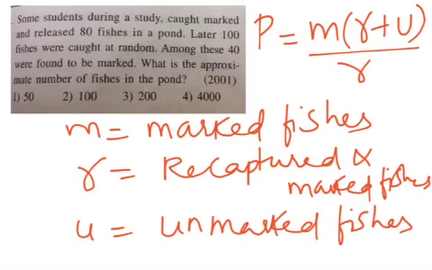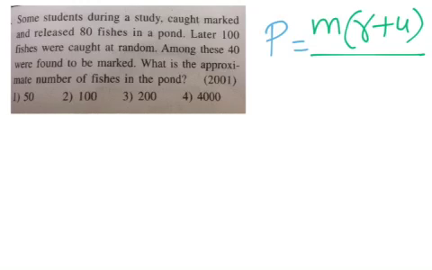Let me say once again, to do this kind of problem, P equal to M into R plus U by R. In that, M is marked fishes, R is recaptured and marked fishes, U is unmarked fishes. Let us do the problem here. M is the number of marked fishes, 80.